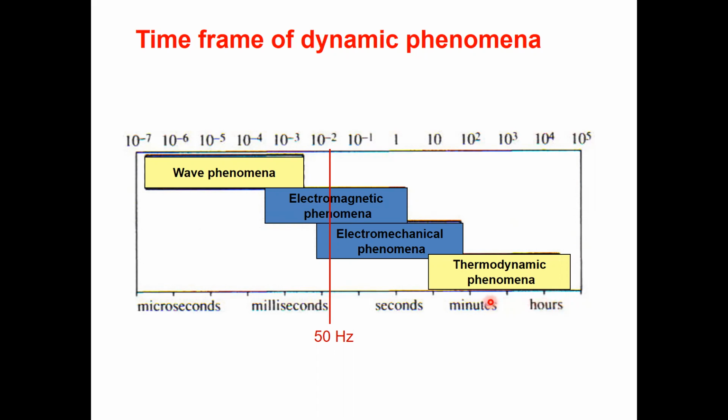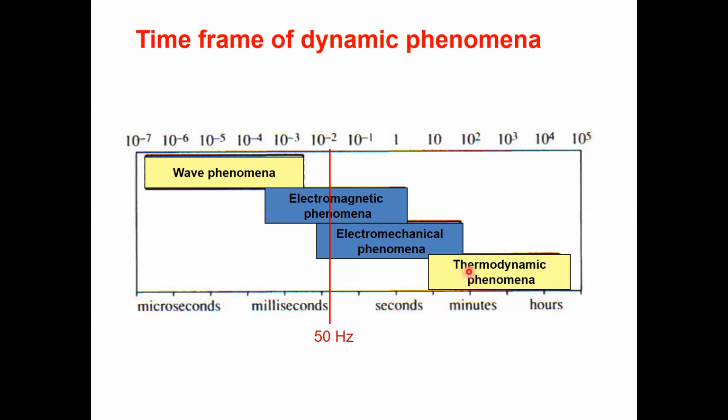So altogether, the phenomena involved in power generation from the thermal power plant have a much longer duration. So you can see here that our power network is in fact exposed to a wide range of phenomena, which have a wide range of time durations. Starting from the lightning surges, that is much faster, and then the behavior you observe in the furnace or the boiler is much slower.